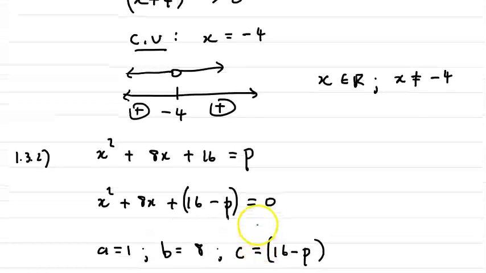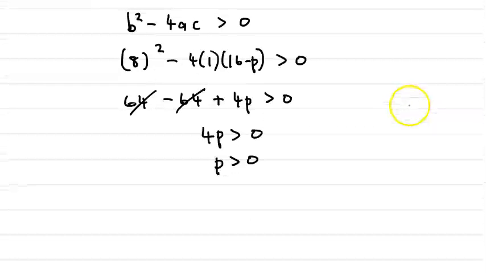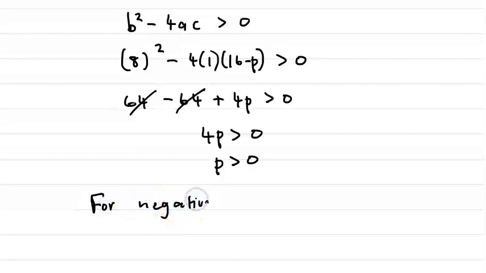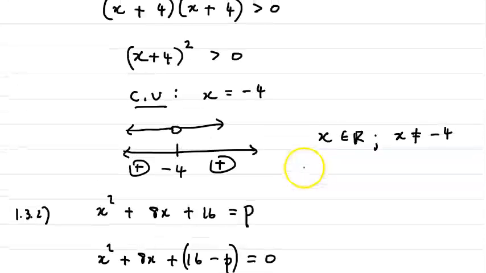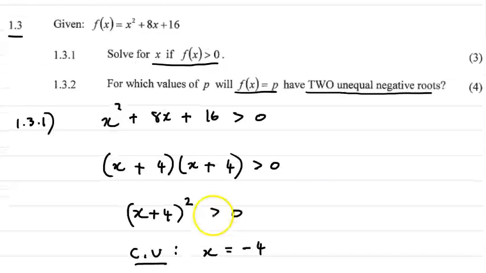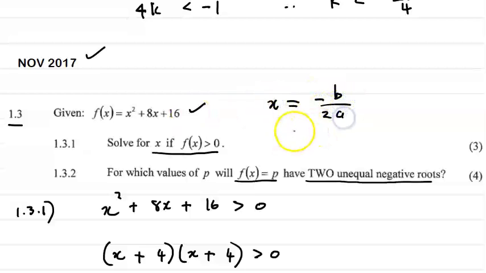Now let's work out the part where we're going to have negative roots. For this particular part, I'm going to look at how this graph is going to look. If I look at this function, x squared plus 8x plus 16, remember that to draw this graph, I need to find the turning point, which is minus b over 2a.